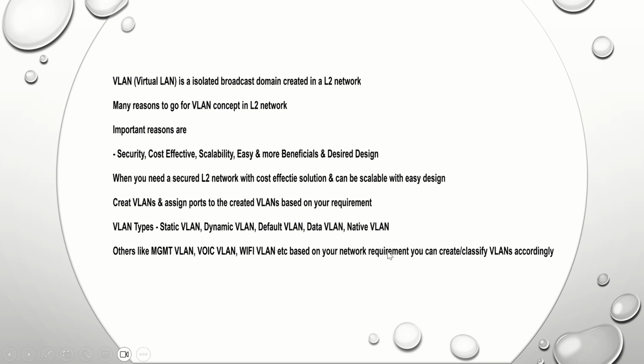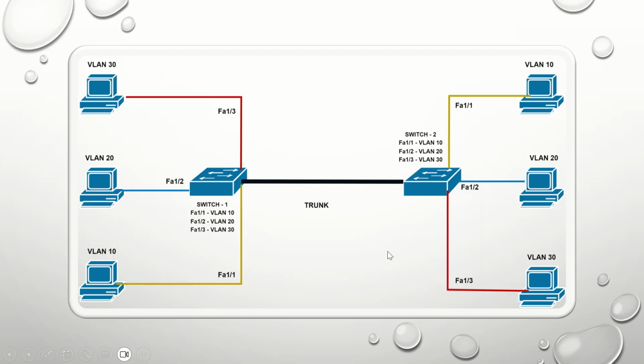And cost effective is, instead of having a separate switch for VLAN 30, let's say this switch is configured with VLAN 20 alone, then it will be a waste of the ports. So you can segment multiple broadcast domains within the single switch. Let's say you have 24 ports here.